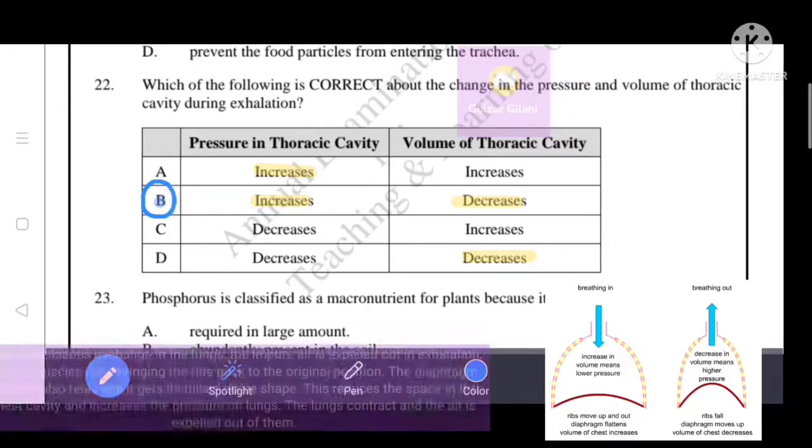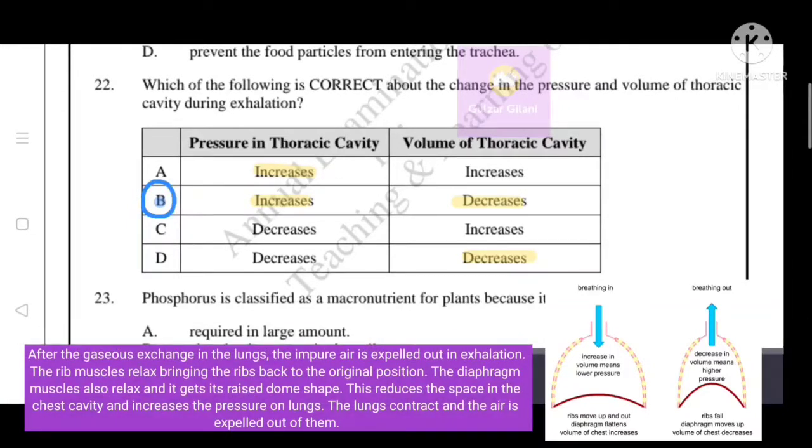As you know, after the gaseous exchange in lungs, the impure air is expelled out in exhalation. The rib muscles relax, bringing the ribs back to the original position. The diaphragm muscles also relax and it gets its raised dome shape.